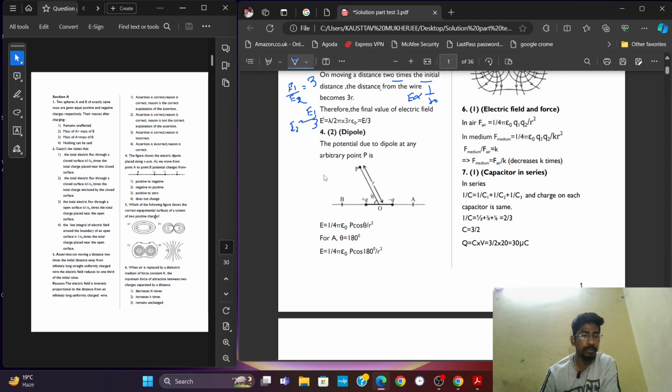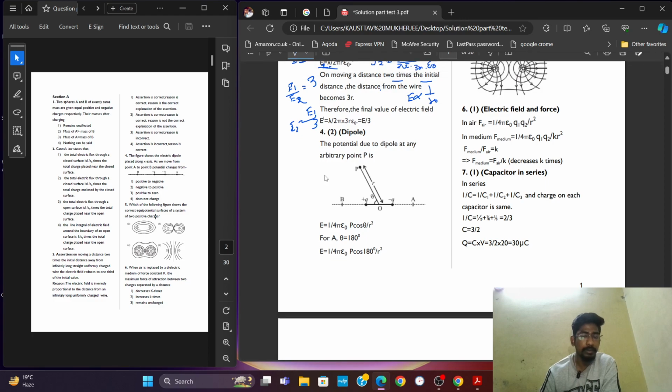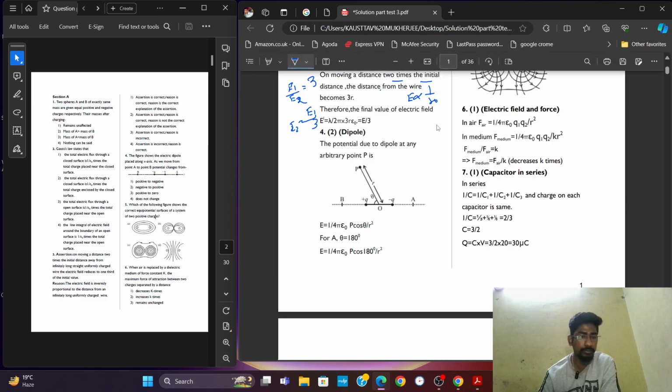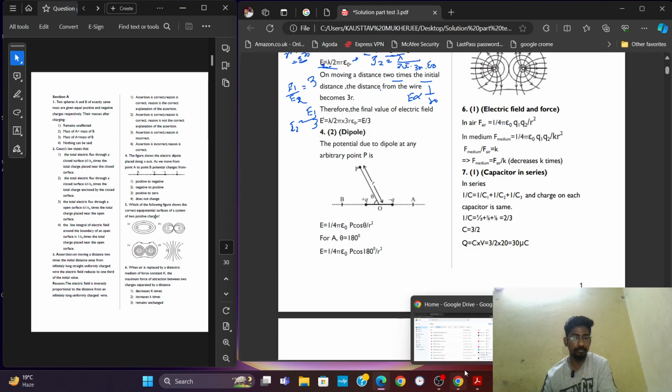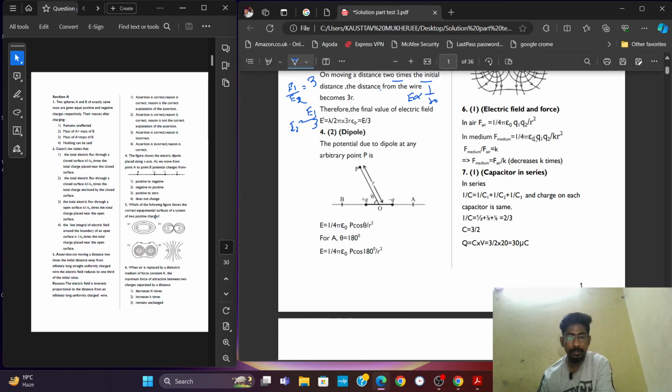As we move from potential A to potential B, what will happen? If an electric dipole is placed at an arbitrary point, let us take a point P, it is at an angle theta.